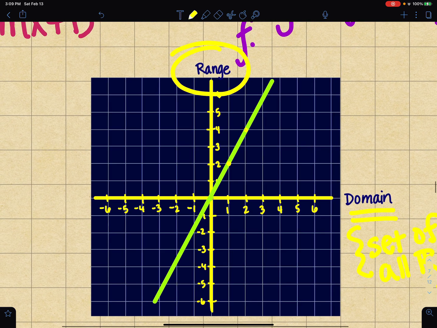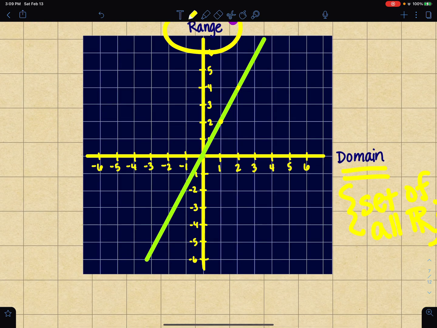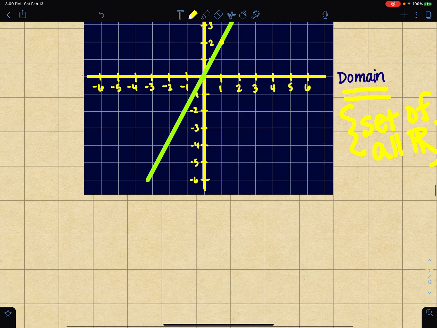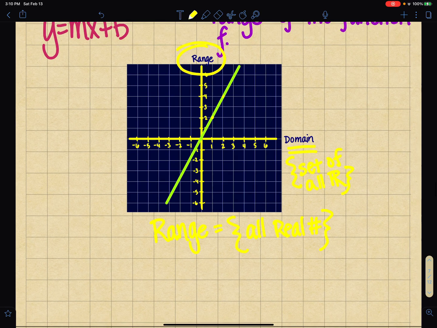If you put in 3,000 for x, you'd get 6,000 for y, okay? So the range is also going to be all real numbers. Okay, so that's the domain and that's the range for this particular function.